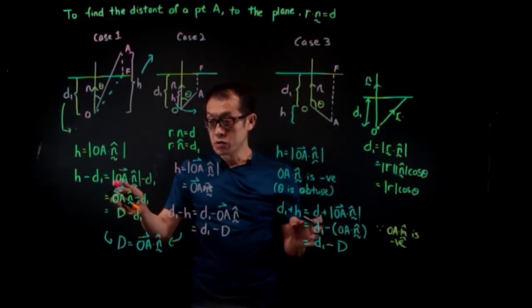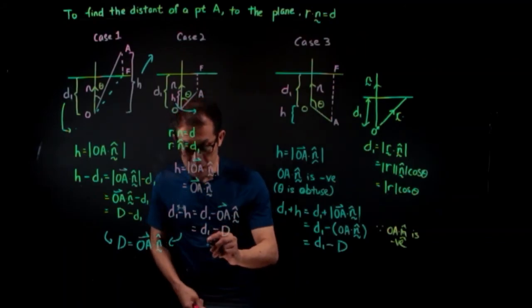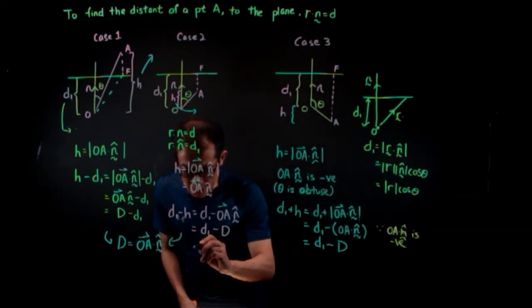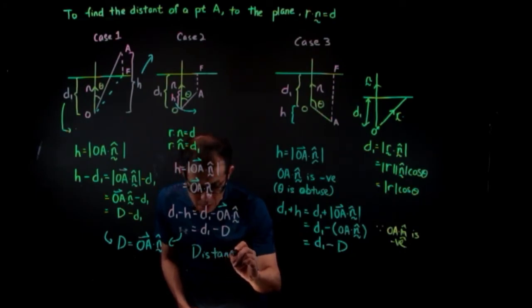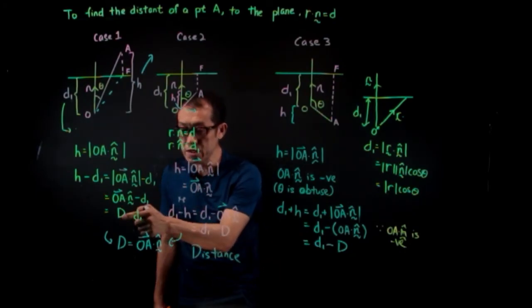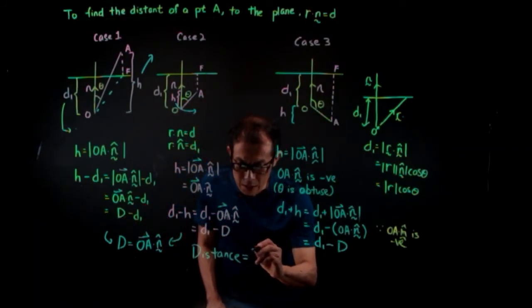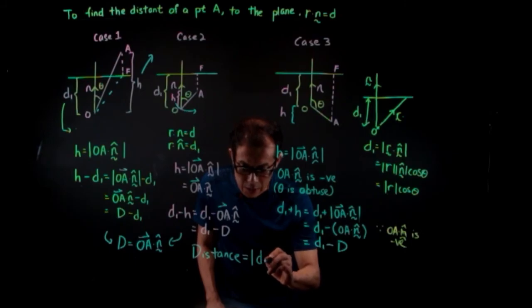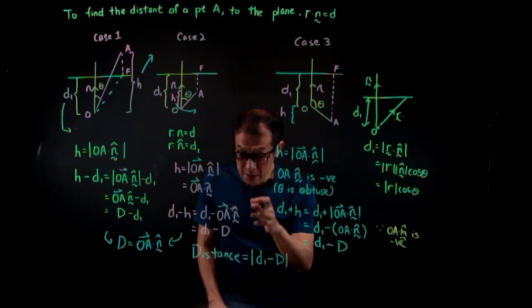So you notice that the required distance is the difference of the two. You take the modulus of d1 minus D, because distance is positive.